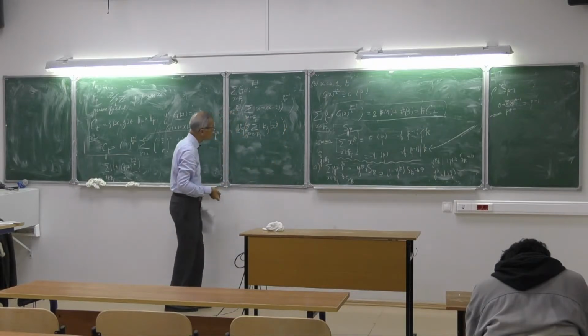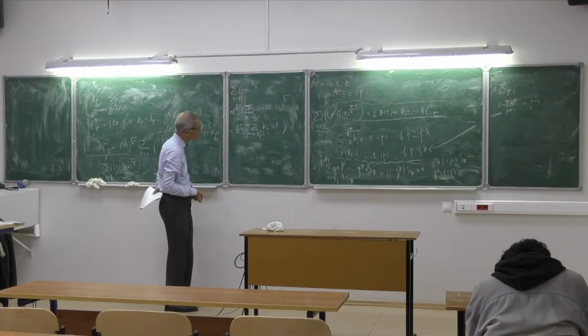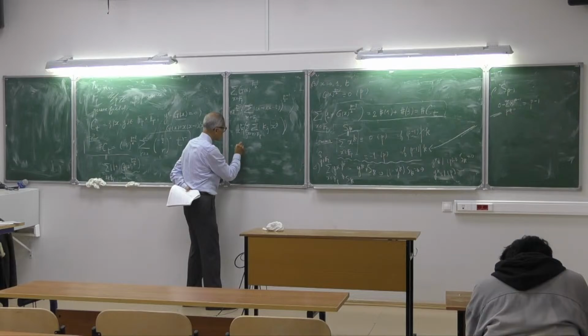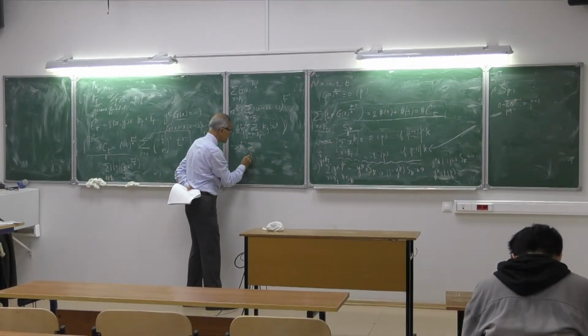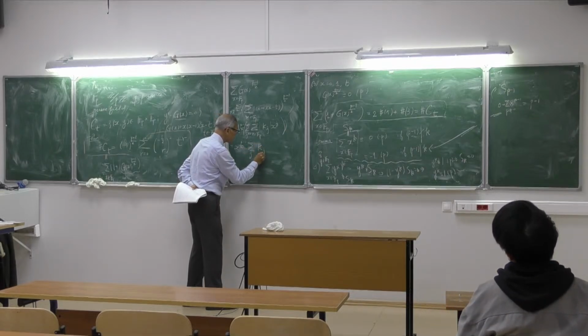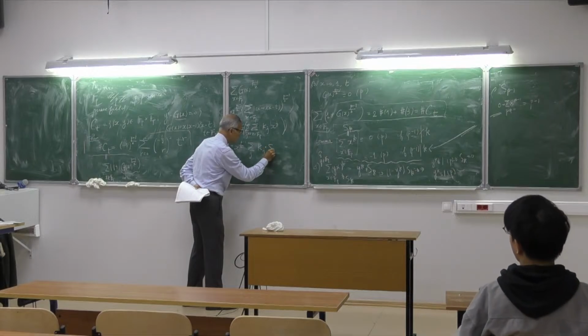Isn't it? I take that. So it's summation over j of k_j times s_j.